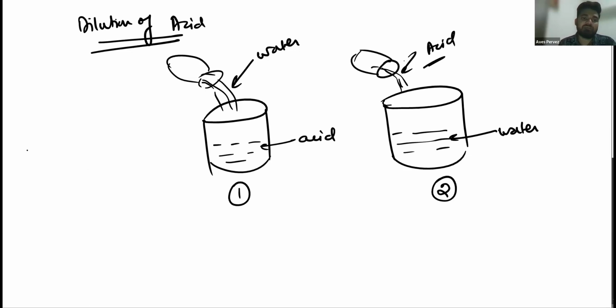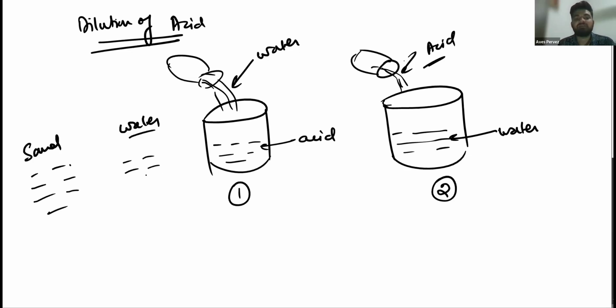For example, you are having sand, and the other one is water. You know the sun is rising. Which one will get more heat, or the temperature of which one will increase more?